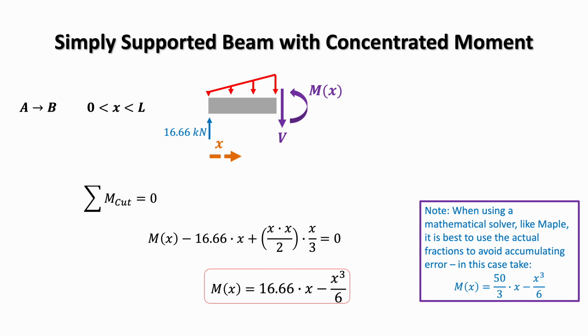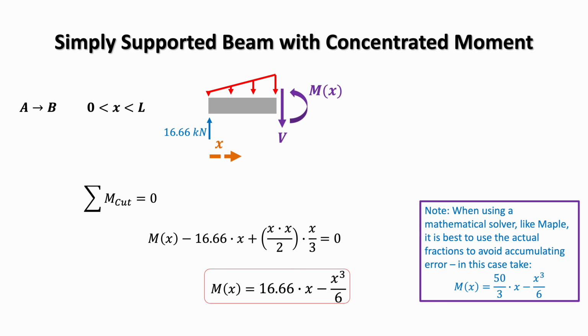So the sum of moments at the cut equals 0, and the moment at the cut, M, minus 16.66 times x, so minus the reaction force, plus, due to our sign convention, x times x over 2, so the length x times the intensity of the load x divided by 2, that gives us the triangular load, times x over 3. That is the distance from the centroid to the cut. So remember, the centroid is 2/3 and then 1/3 towards the higher intensity. And that has to equal 0.